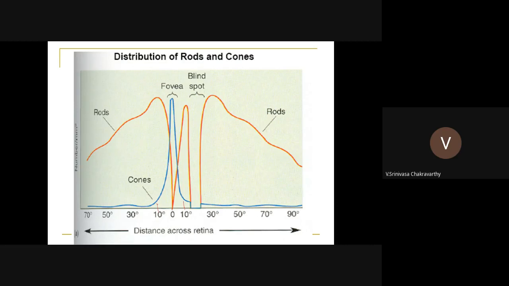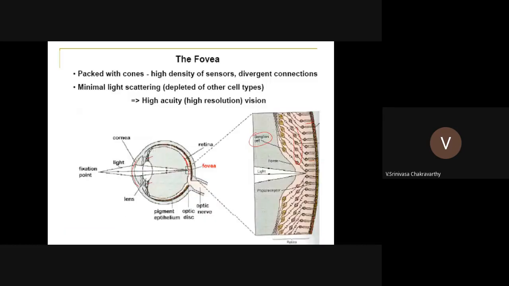Rods have a different distribution. Rods are almost absent in the center, but as you go to the peripheries, the rods are high again. And here there is a small patch where you have neither rods nor cones. The ganglion cells are the last layer in terms of organization in the retina.